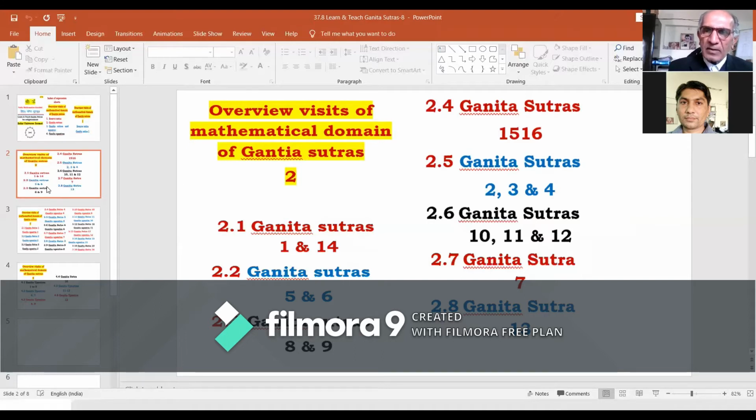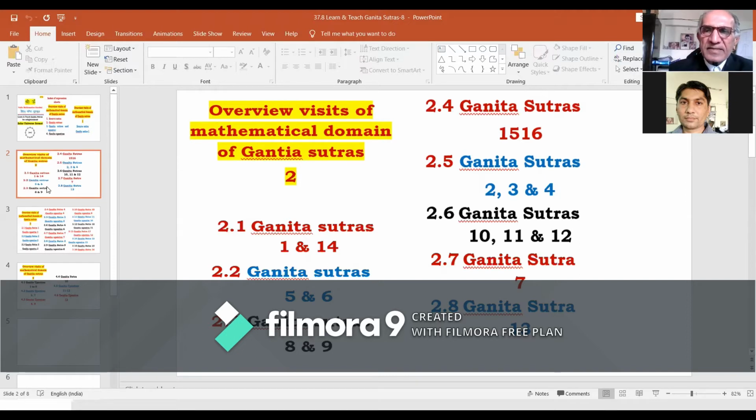Ganita Sutra 1 with its rule 1 more than before, and Ganita Sutra 14 with its rule 1 less than before, in a way may appear as if only one of them is sufficient. Though if we are restricting ourselves only up till linear order mathematics, then this conclusion may be appropriate.